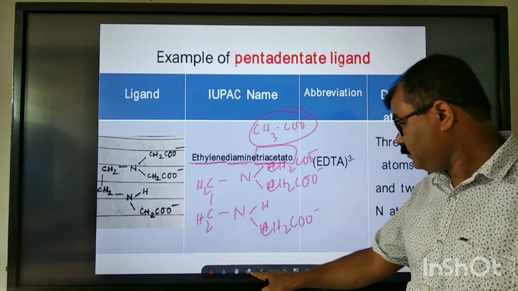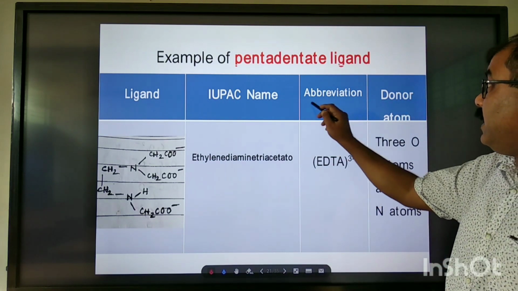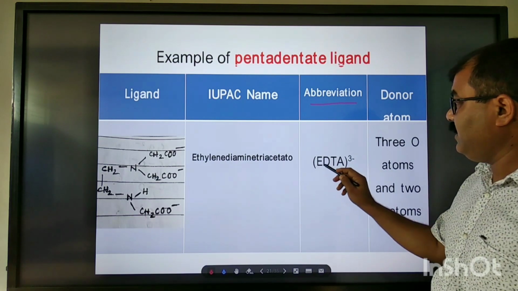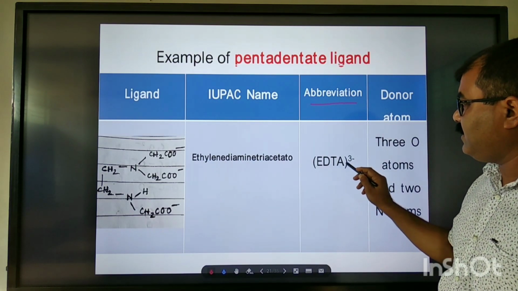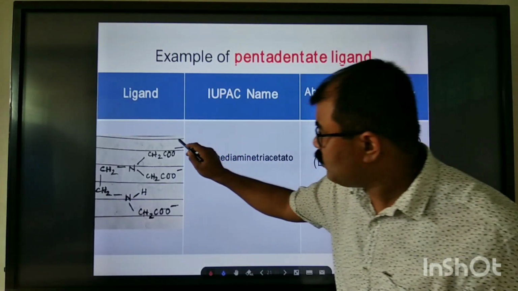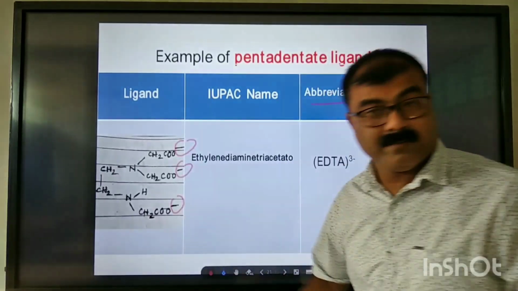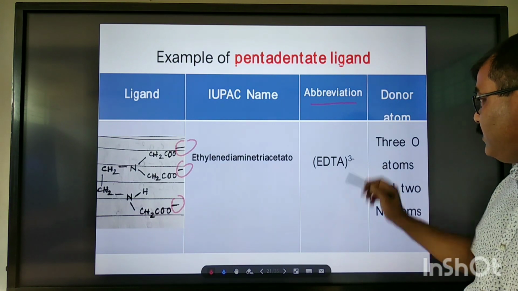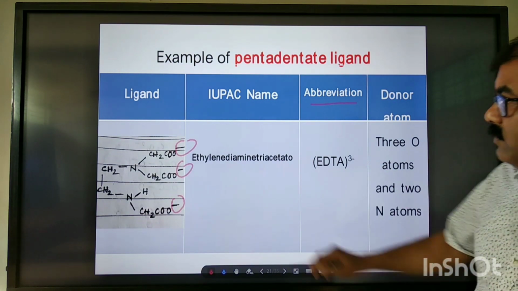Now, abbreviation, very important. Abbreviation is EDTA 3 minus, ethylene diamine triacetate. 3 minus means 1 minus, 2 minus, 3 minus, 3 negative charges. What are the donor atoms?